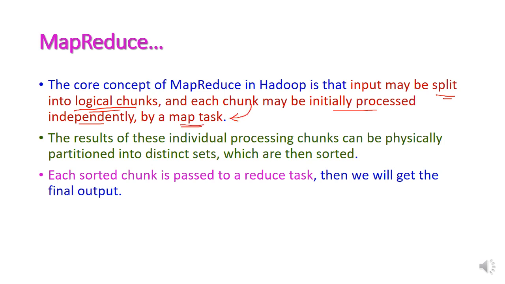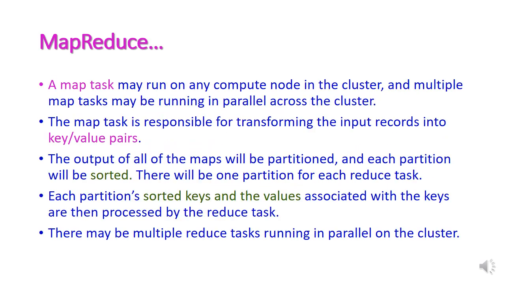That is, all the chunks will be assigned to map functions, and the result of these individually processed chunks, that is the output of the map function, can be physically partitioned into distinct sets, and those sets are then sorted, and the sorted chunk is passed to the reduce task. So the intermediate results will be passed to the reduce task, then we will get the final output.